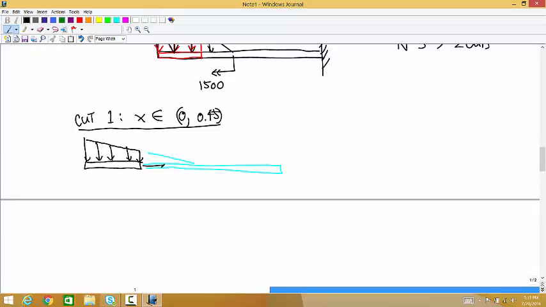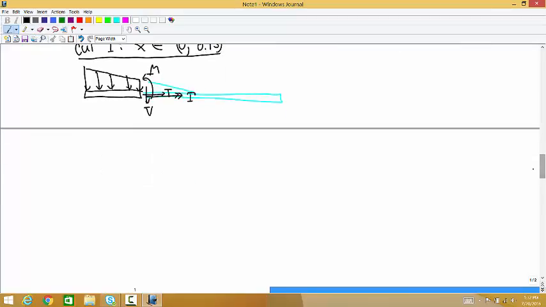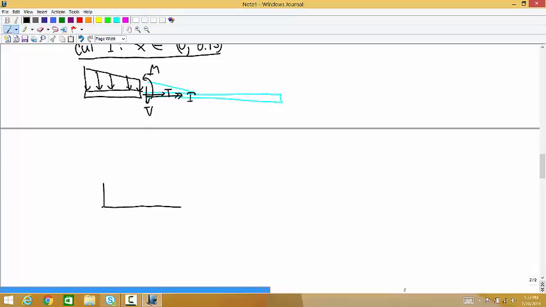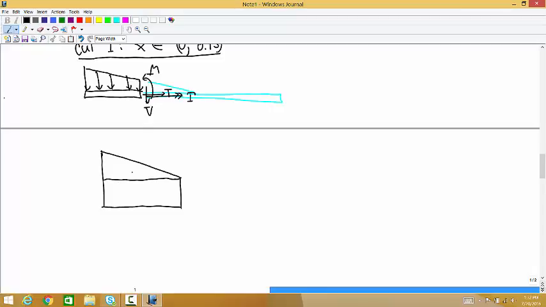And then T, V, M, and torque. All right, so let's think about this trapezoid. I'm going to break it up into a triangle sitting on top of a rectangle.